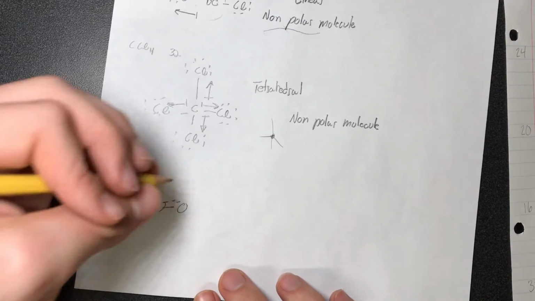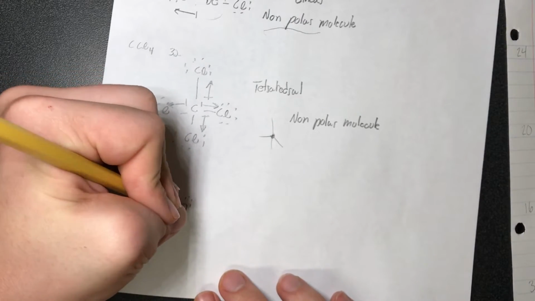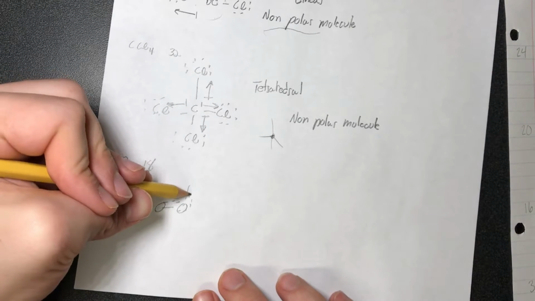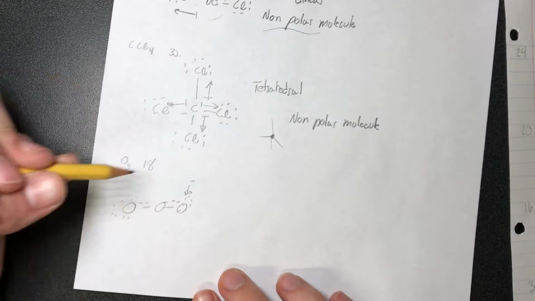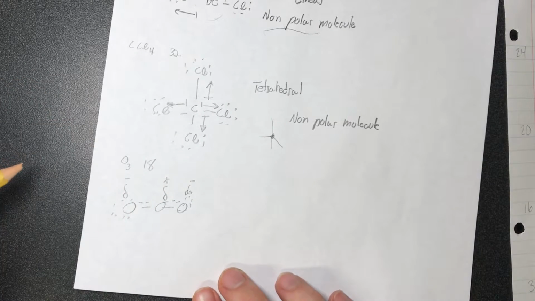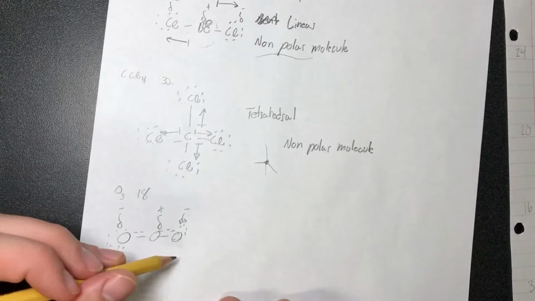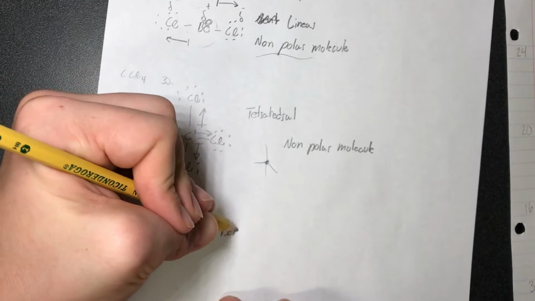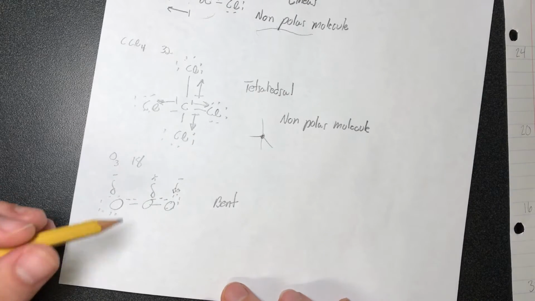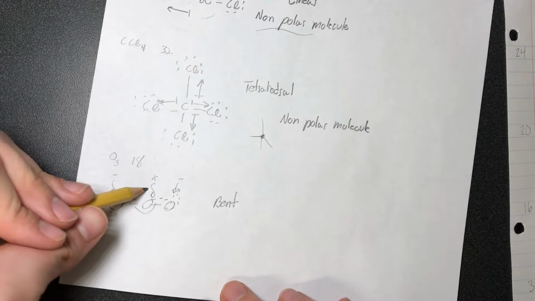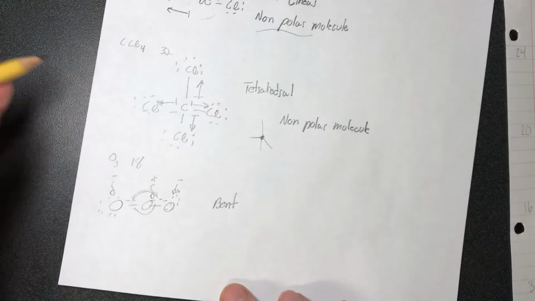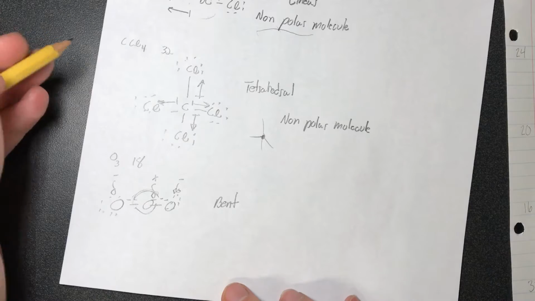And what you're going to see is that that's going to lead these to have a slightly negative, and this is slightly positive. But since this is bent geometry, there's no net dipole moment because these angles are going to be the same in between these molecules, and they're going to pull the electrons the same amount.